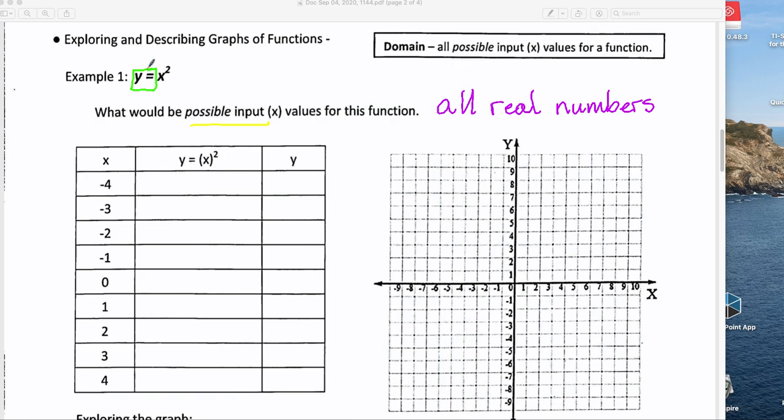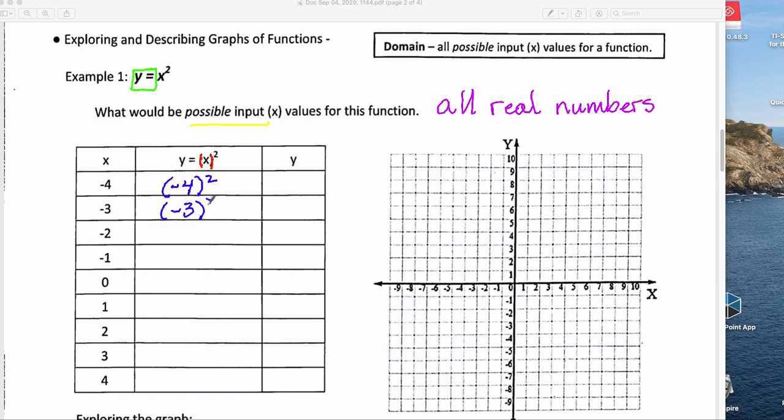So if I fill this in, you'll notice that there are parentheses right here. Because anytime I'm going to substitute anything into a function, I'm going to put parentheses around it or I'll get the wrong answer. So let's go ahead and fill in this table. If you're using your calculator, start filling in the y values from your calculator.